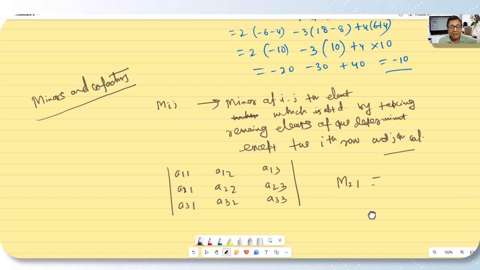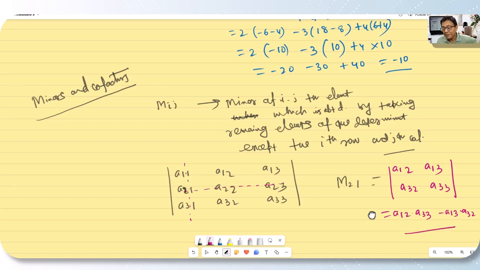It is situated in the second row and first column. We'll imagine that those elements are not there. The remaining part is a12, a13, a32, a33. Its value you can find easily: a12 a33 minus a13 a32. This is M21.